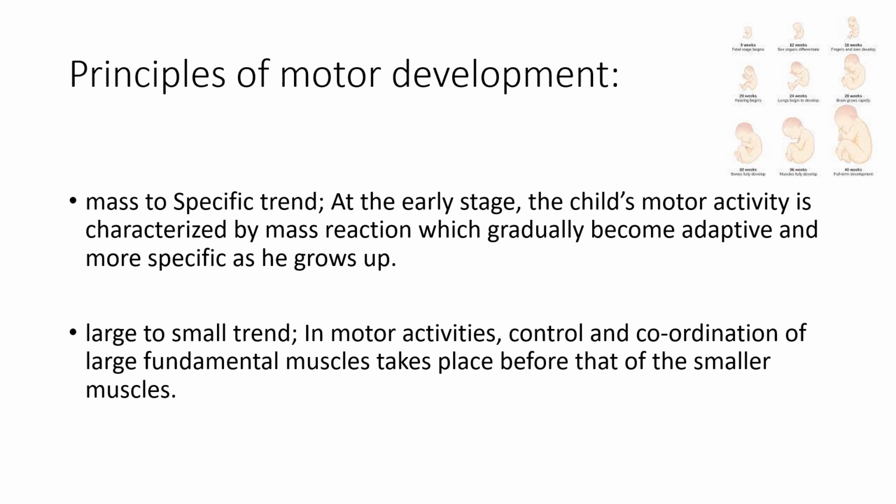When the baby is trying to reach some object, at first they will move their whole body and use the whole hand to reach that object. But later the baby knows they just need to move their hand with the fingers focused on that specific object to get it. So that's the large to small trend.